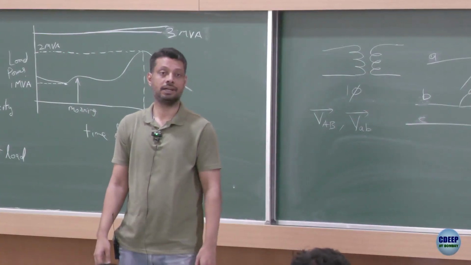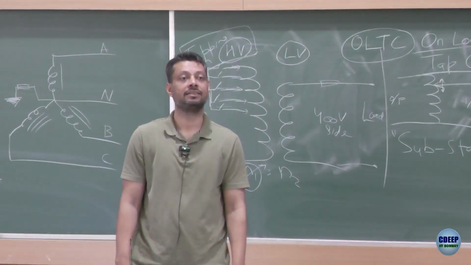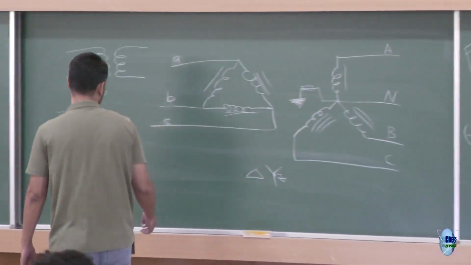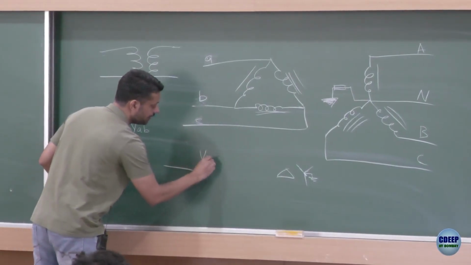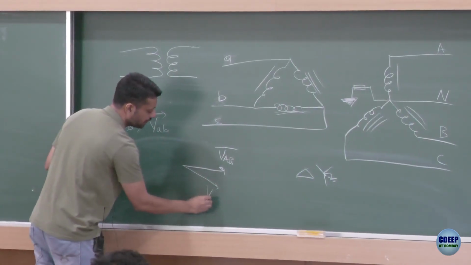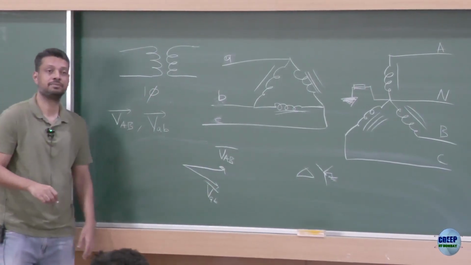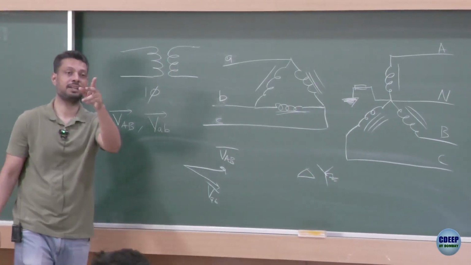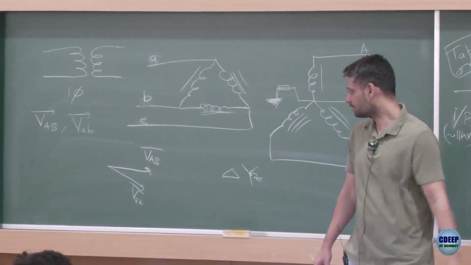Let us start from there this time. Small Vab would be 30 degrees lagging. I am just drawing what you are saying. If this is VAB capital, then small is lagging VAB. Is that what you mean? Let us first figure out the angle.